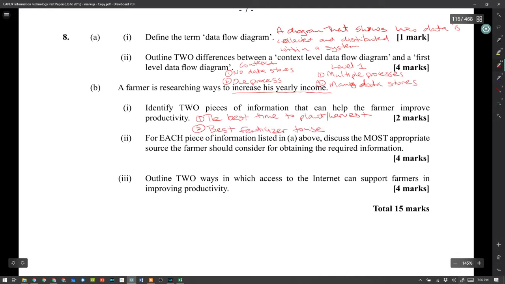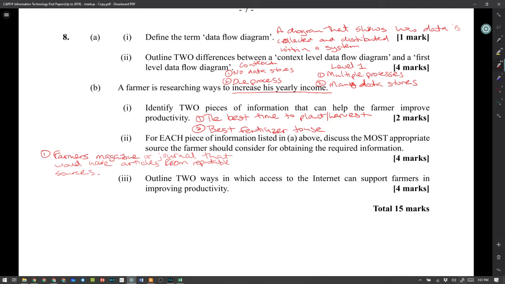For each piece of information listed above, discuss the most appropriate source the farmer should consider for obtaining the required information. Best time to plant and harvest, you could find that in a farmer's magazine or journal. That would have articles from reputable sources.